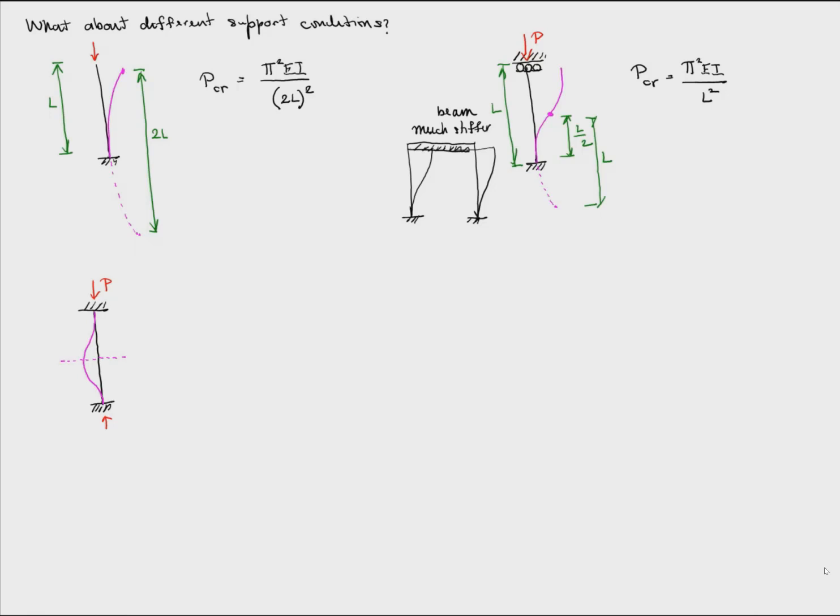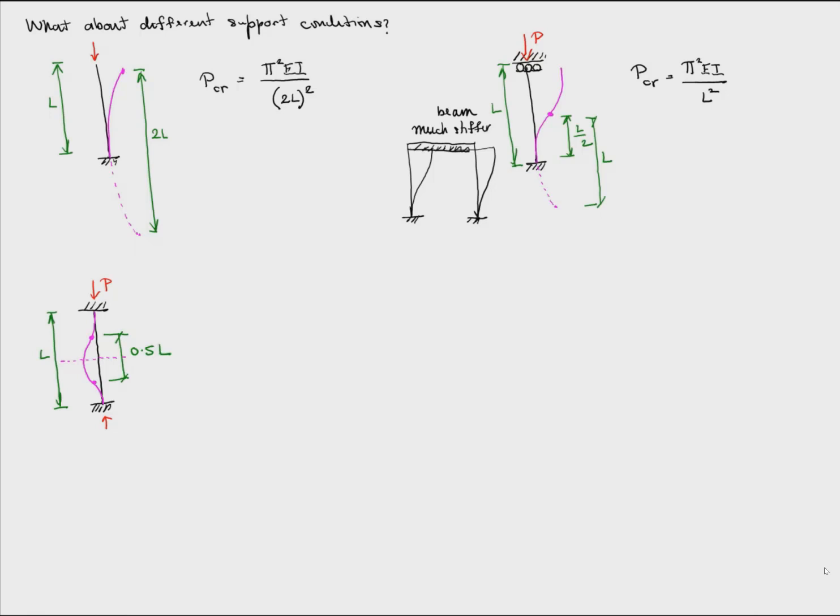And again, if we look at the top half alone, because of symmetry, the point of zero moment must be right in the middle. So if that whole length is L, then the distance between the points of zero moment is 1/2 of L.